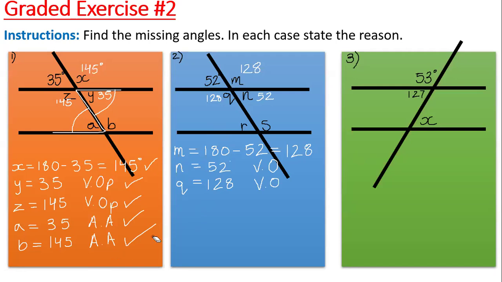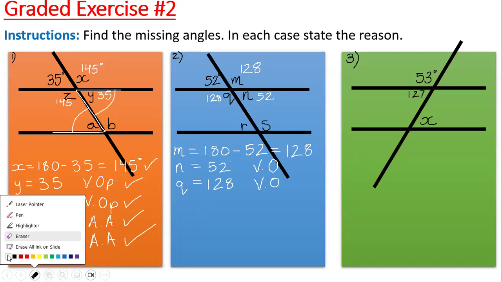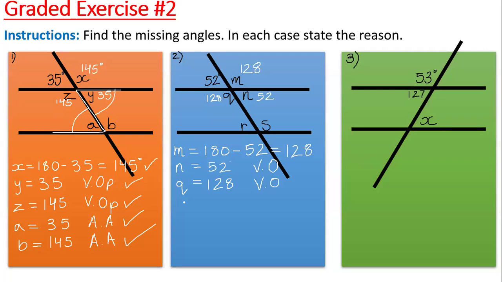All right, next we need R and S. Let's start off with S. What is S equal to? 128, because if we look carefully and extend this down, we can see the Z shape. So if this is 128, then this must also be 128.